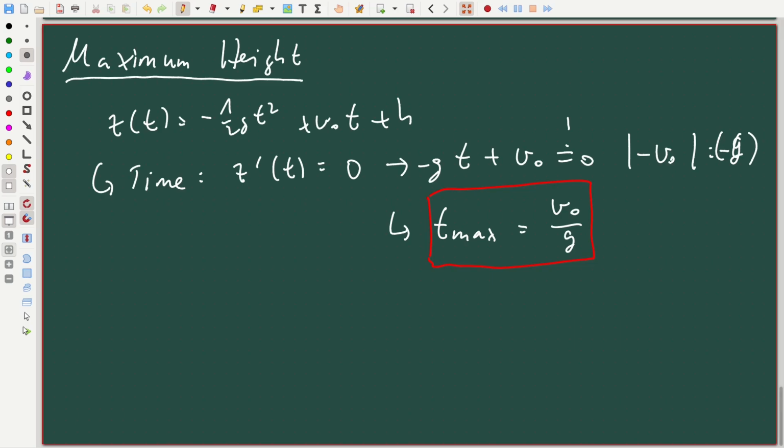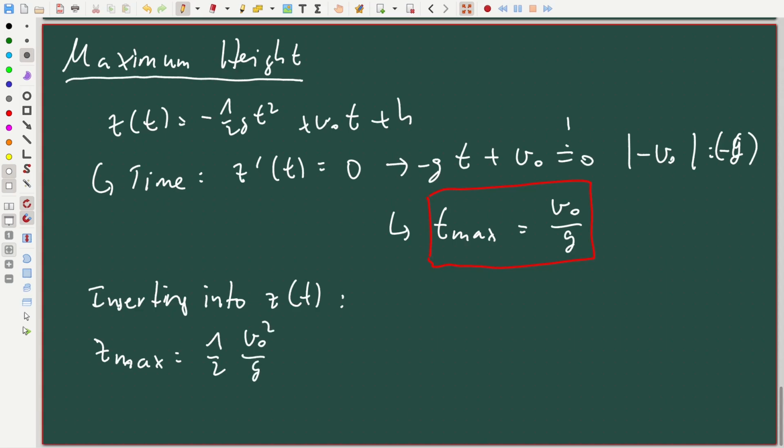And now if we want to calculate the maximum height, then we have to insert this into our z of t. We have to just insert it back into our equation of motion. And then we get our maximum height, let's call it z max, which is then given as minus 1/2 v0 squared divided by g plus v0 squared divided by g plus h.